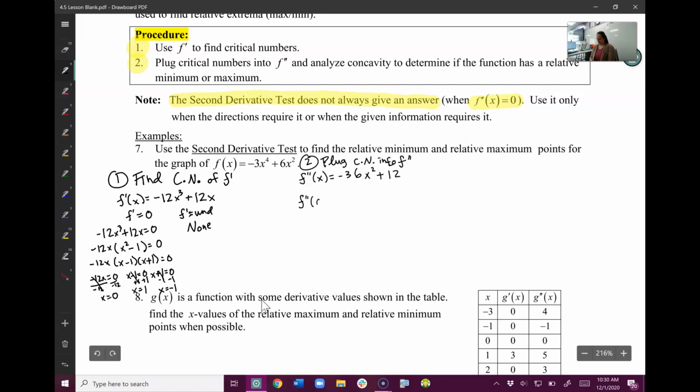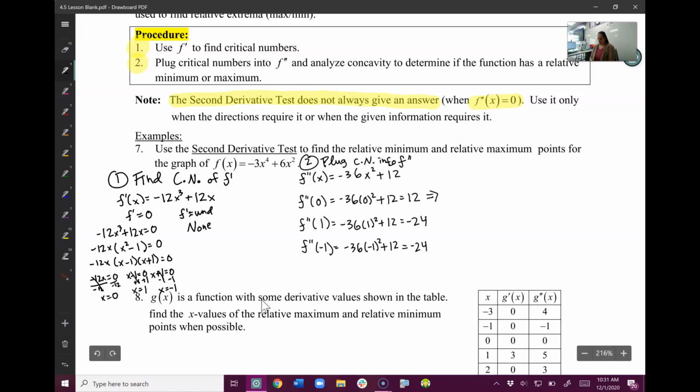So f double prime of 0, f double prime of 1, f double prime of negative 1. Negative 36 times 0 squared plus 12 is going to be 12. Negative 36 times 1 squared plus 12 is going to be negative 24. And then for negative 1 squared, that's also going to be negative 24.